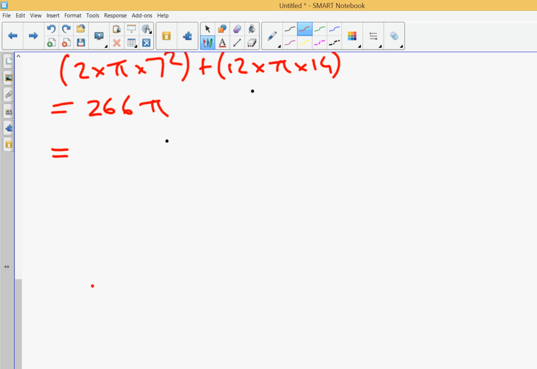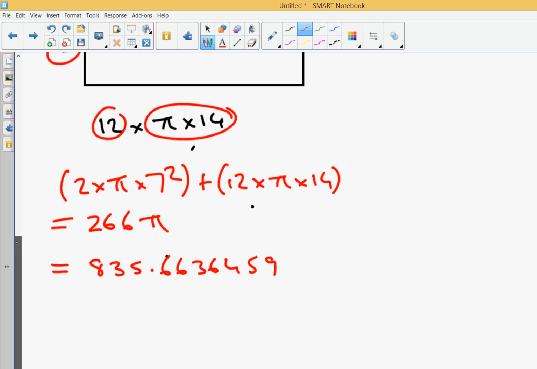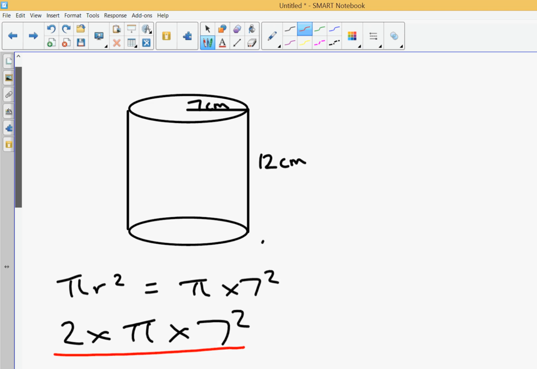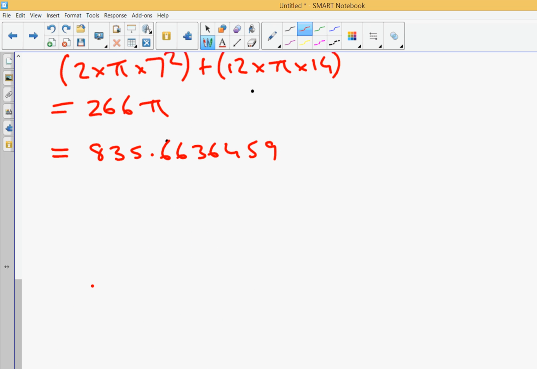If it's a calculator paper, you just need to press change, and I get an answer of 835.6636459, and then my unit will be centimetres squared, because it's an area. And I always look back at the question and decide what I have to round it to.